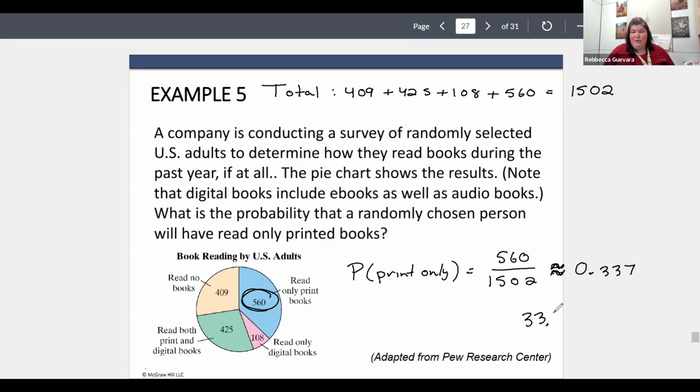So about 33.7% of the people that were surveyed said that they read print-only books.